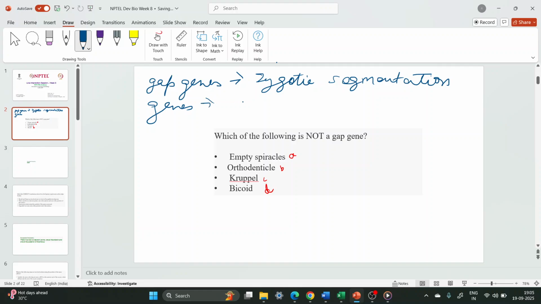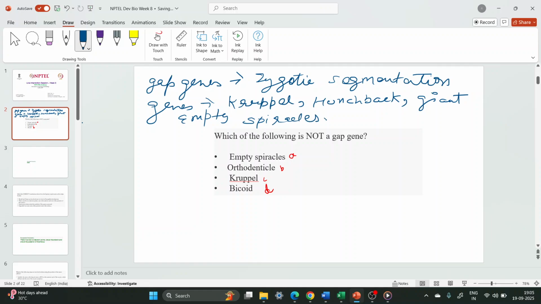Other examples are Krüppel, hunchback, giant, empty spiracles, orthodenticle. So empty spiracles is a gap gene. Orthodenticle is a gap gene. Krüppel is a gap gene. Is bicoid a gap gene? No. So what is bicoid? Bicoid is a maternal effect gene.